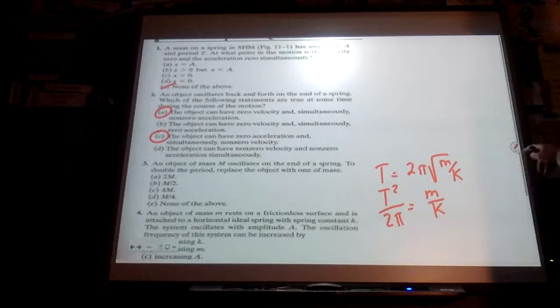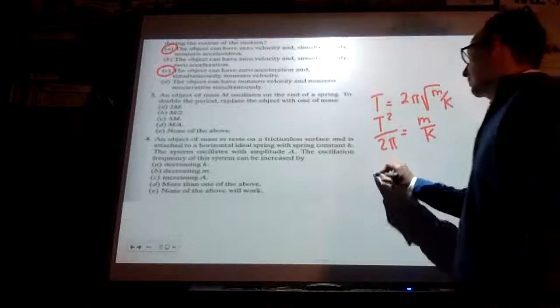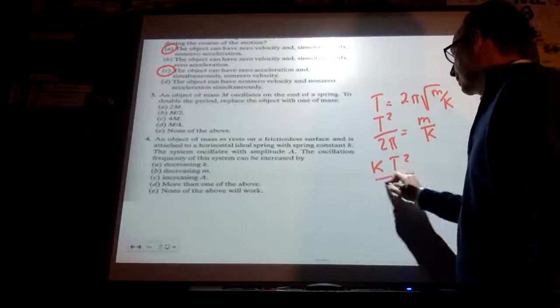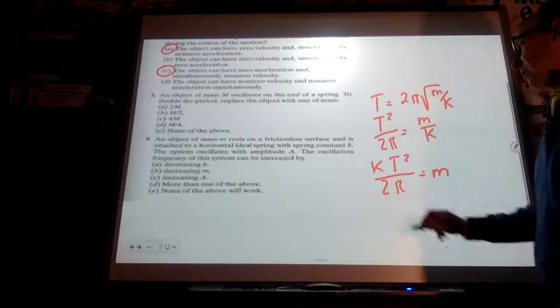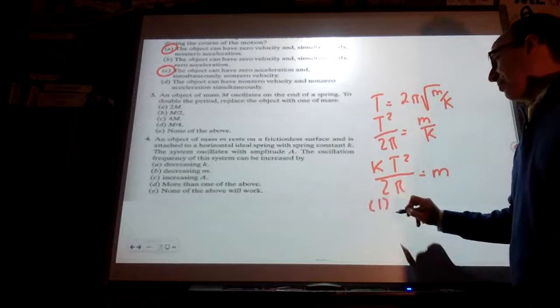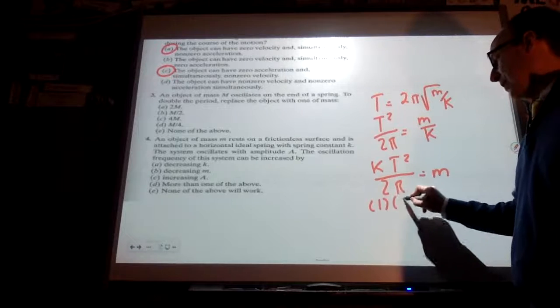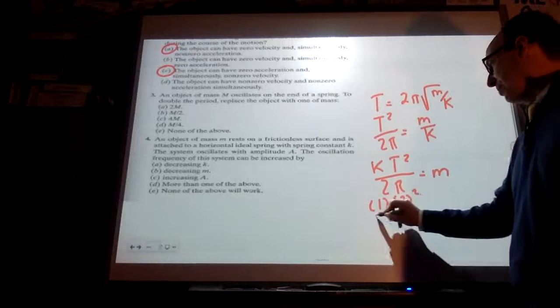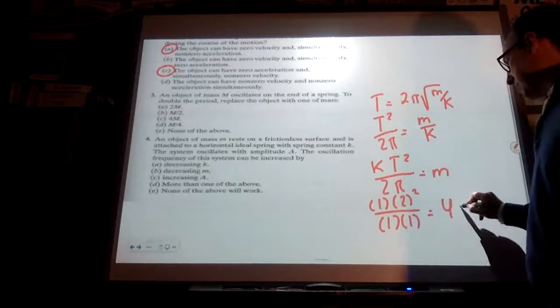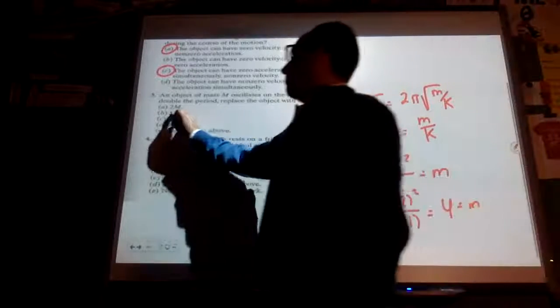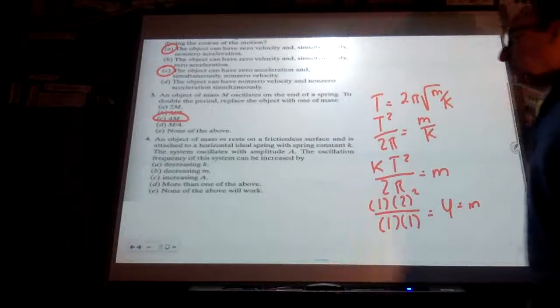And I'm going to multiply both sides by k. And then I'm going to change what they tell me to change. Everything else I'm going to put in for 1. So k is 1. They want the period to be doubled, so that's 2. 2 and pi are unchanged. That gives me 4. So my mass needs to be 4 times as much.